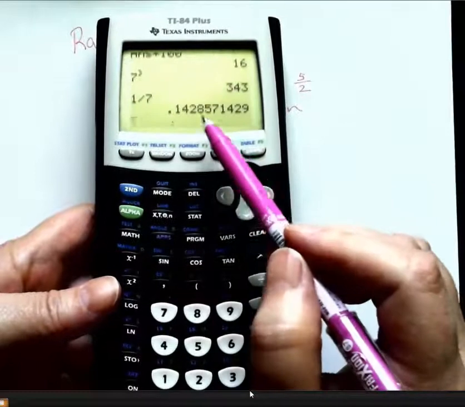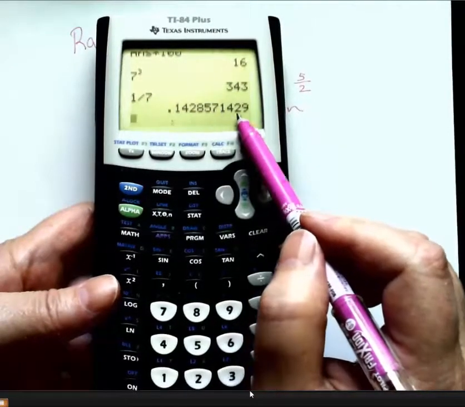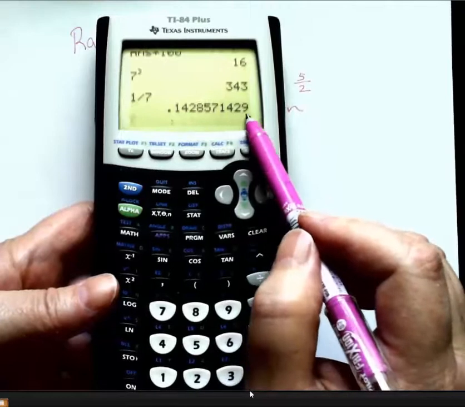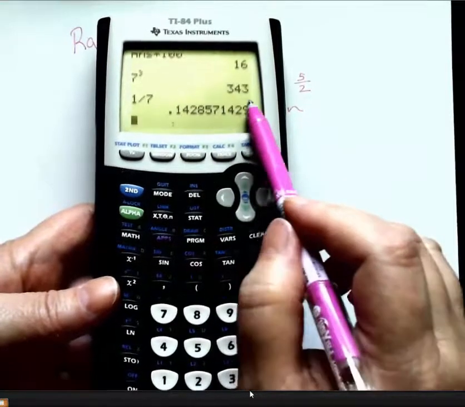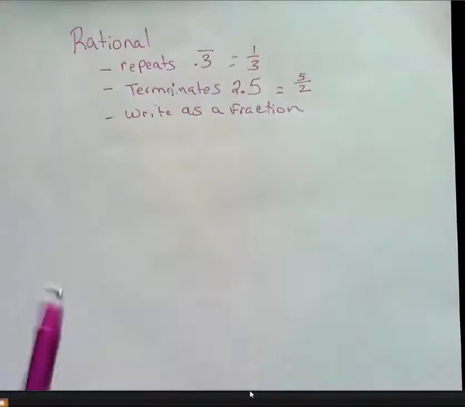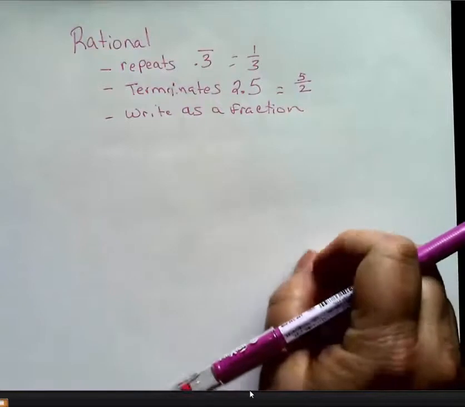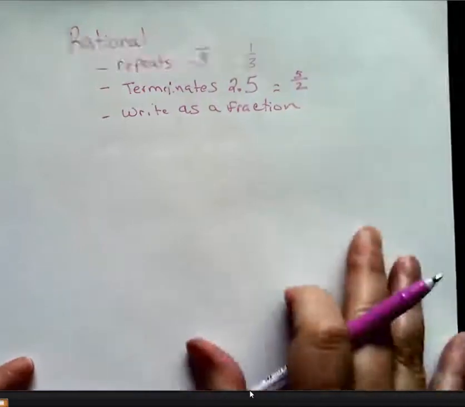And you'll notice that right here it starts to repeat at 142, but my calculator only stops there. So even though it doesn't look like a rational number, it is. The best way that I can tell you to determine if it's rational is if you know where it's going. If it starts to repeat at any part in the problem, then it's probably rational.